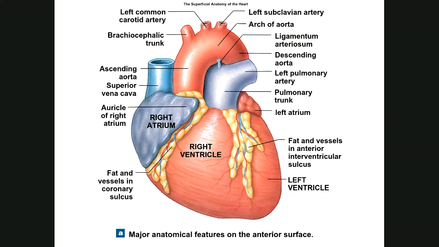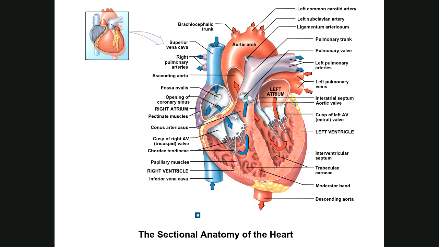So we have these 2 superior chambers and 2 inferior chambers: the right and left atria, and the right ventricle and left ventricle. I love this picture. This is a diagram, and we are going to look at all these internal features of the heart in this picture.